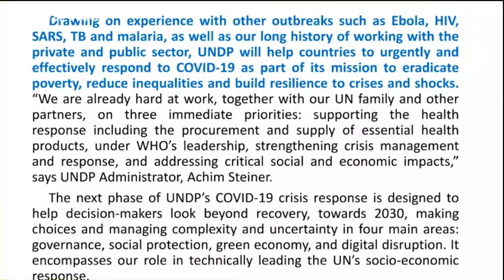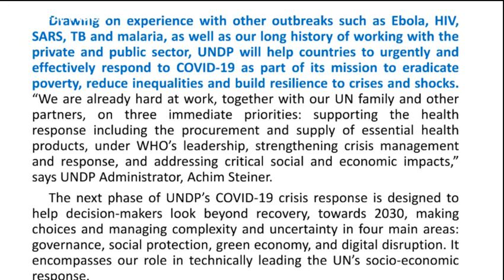Moving on. Drawing on experience with other outbreaks such as Ebola, HIV, SARS, TB. TB means tuberculosis, a dangerous infectious disease in the lungs where people cough blood and it could be deadly. And malaria is a disease that happens in Africa, whose source is mosquitoes, also could be deadly, as well as our long history of working with the private and public sector.